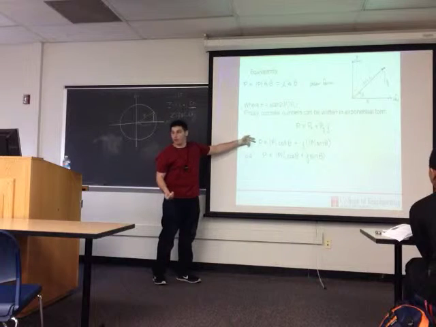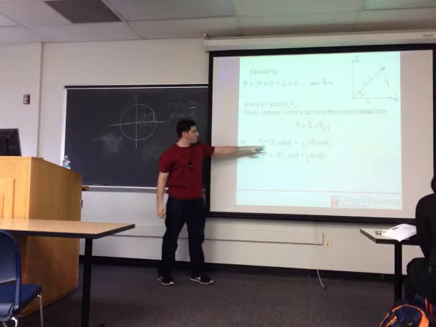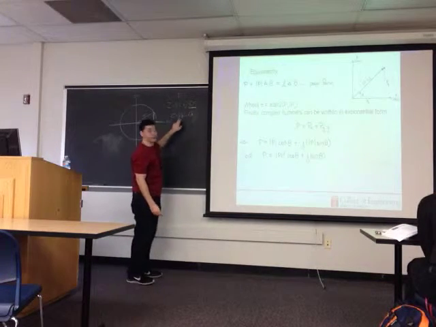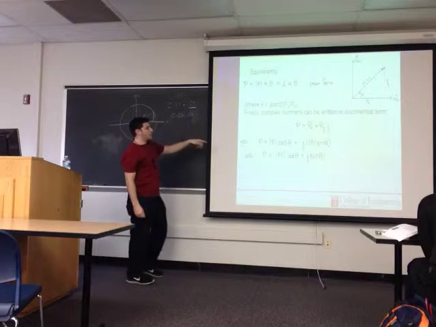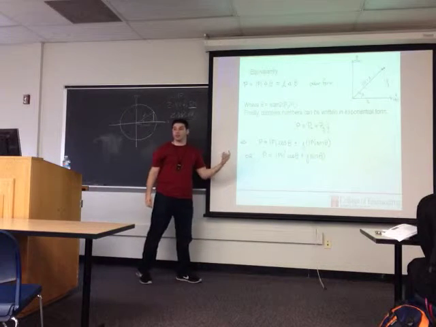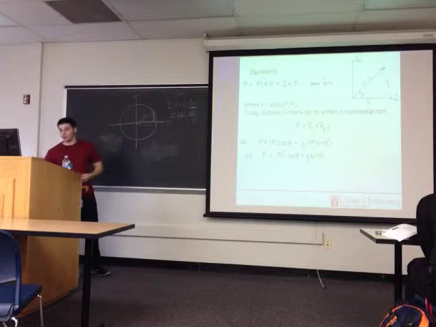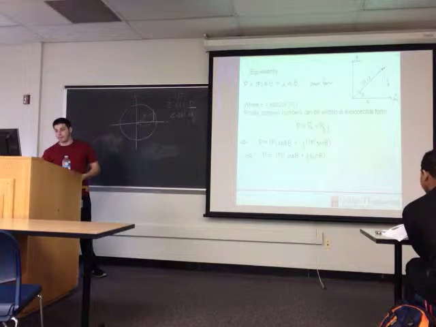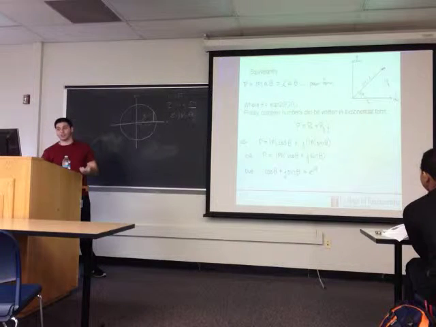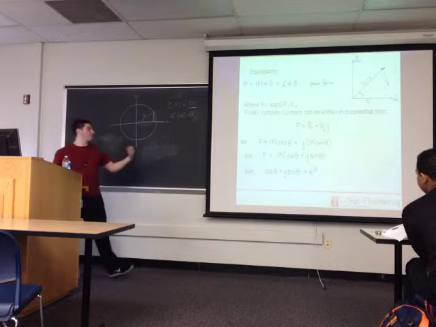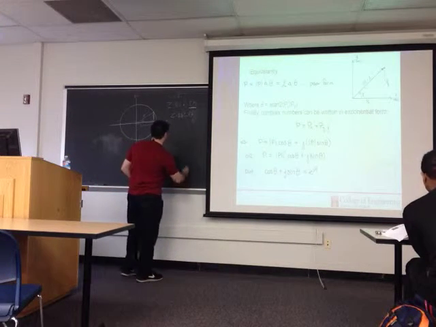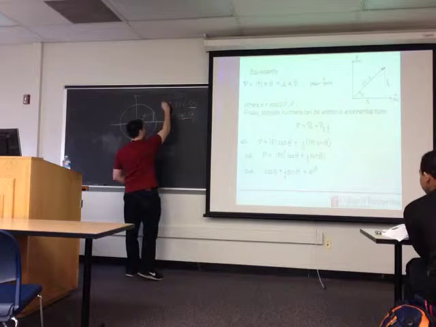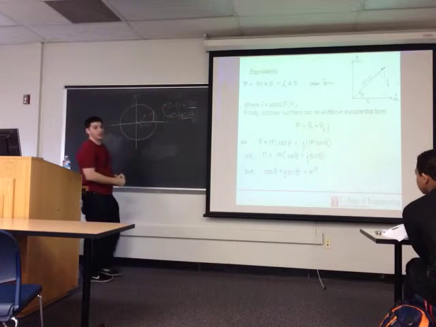The magnitude P times the cosine theta is going to give us our real component. And j times the magnitude times sine theta is our imaginary portion. So if we wanted to go from polar to rectangular, we're going to apply that equation.